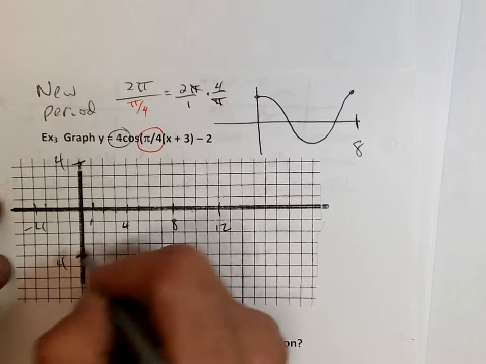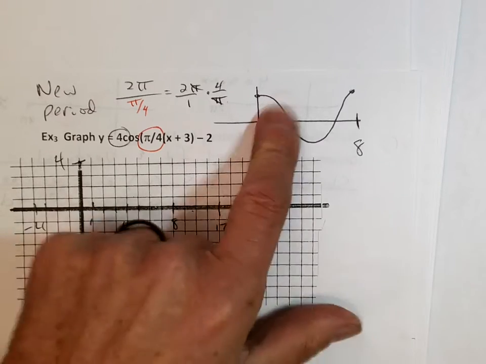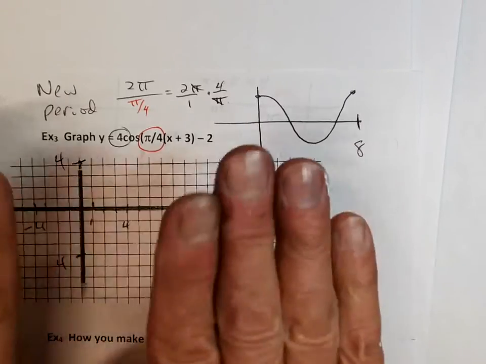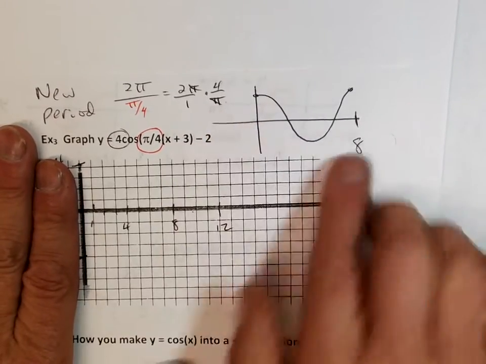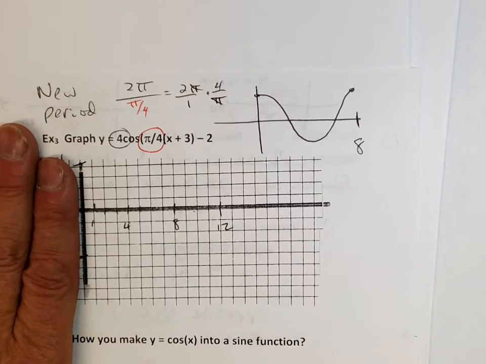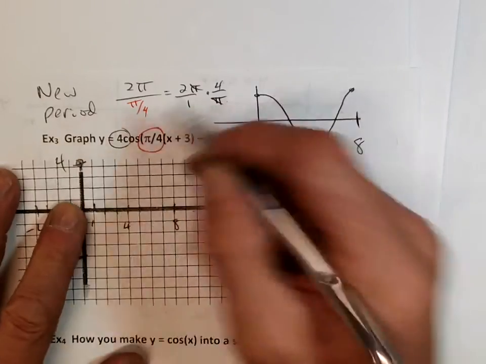Okay, there we go. First, in pencil, I'm going to draw in this curve. Here's my shape. I want to put it from here to here. Let's do our dot to dot. Cosine starts up at its max, which is 4.